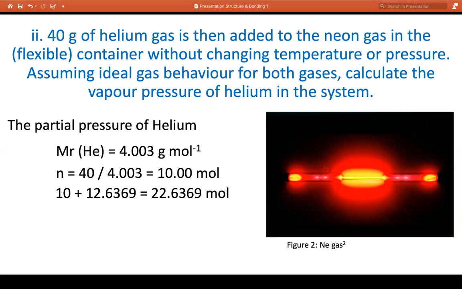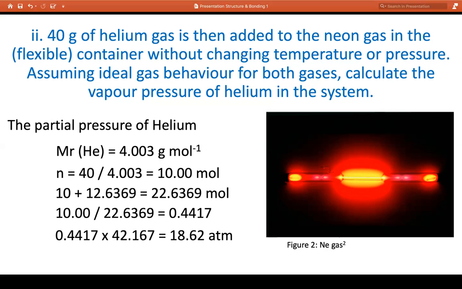What's next? 10 moles plus the moles of neon gas, 12.6369 from the first part of our question, is 22.6369. The 10 moles of helium gas is divided by the sum of the moles of helium gas and neon gas, and that is 0.4417. Then 0.4417 multiplied by 42.167, the atmospheres from question number 1, is equal to 18.62 atmospheres.